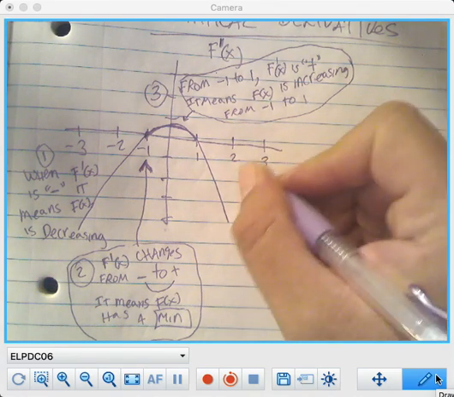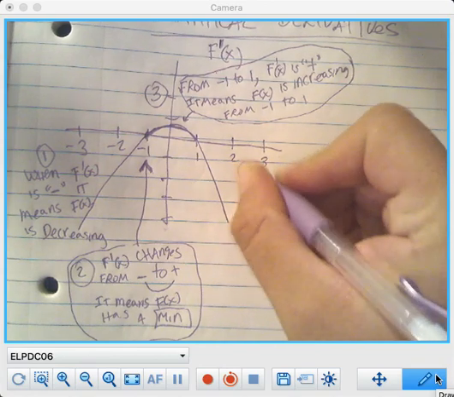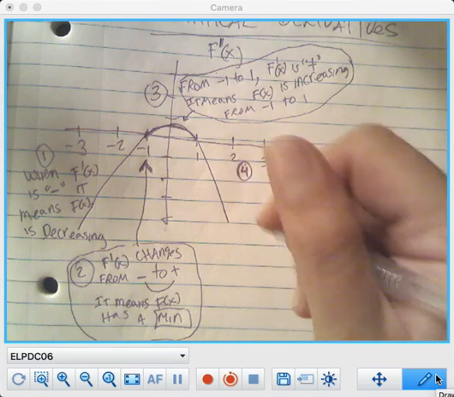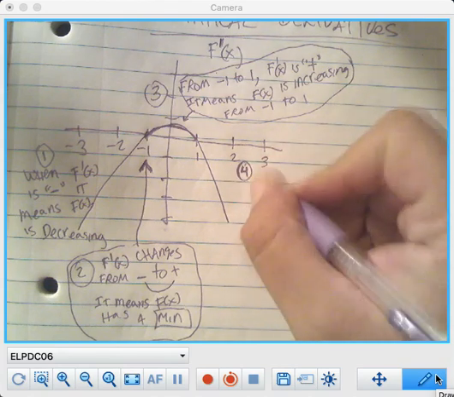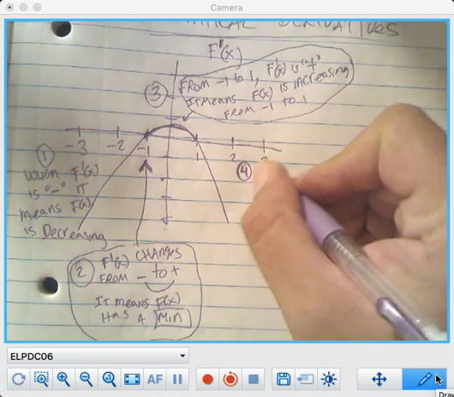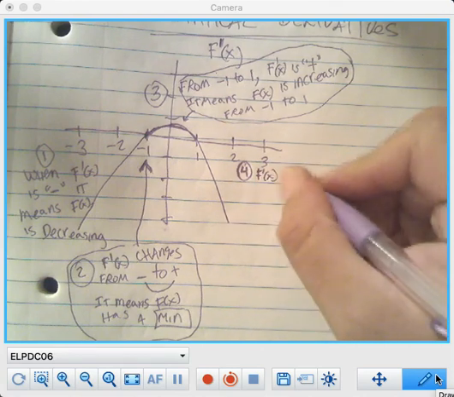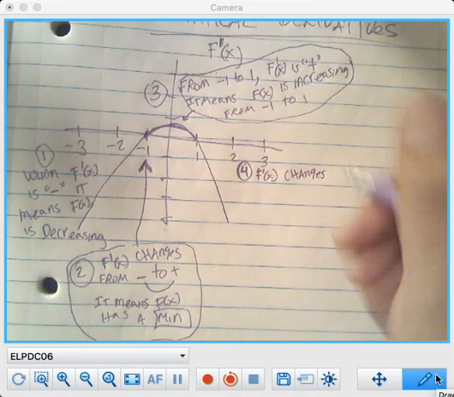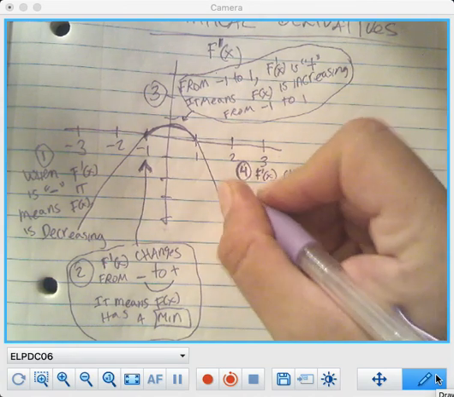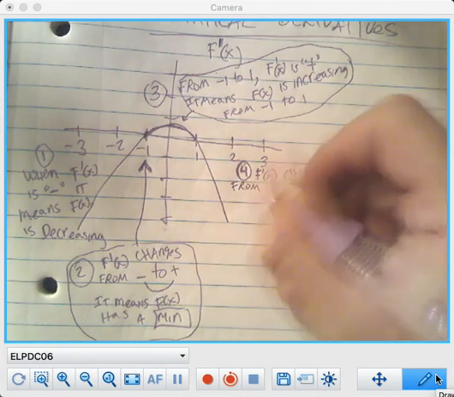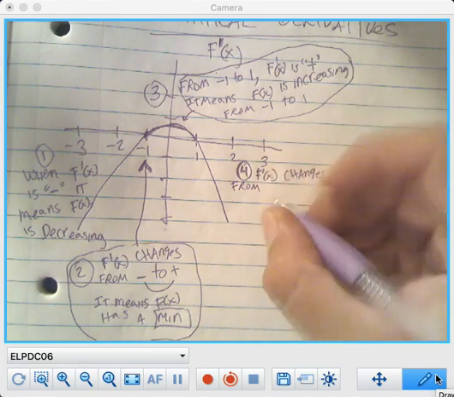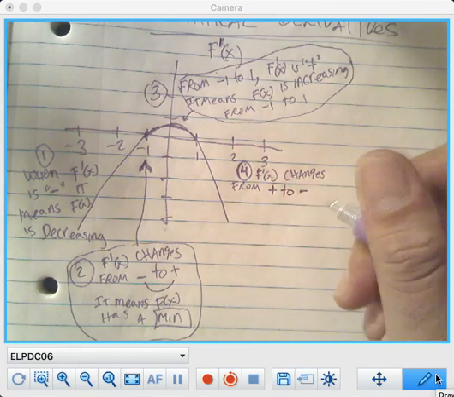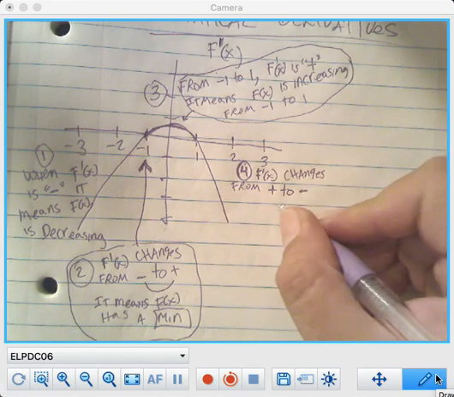Number 4 right here. I have f prime of x changes from positive to negative.